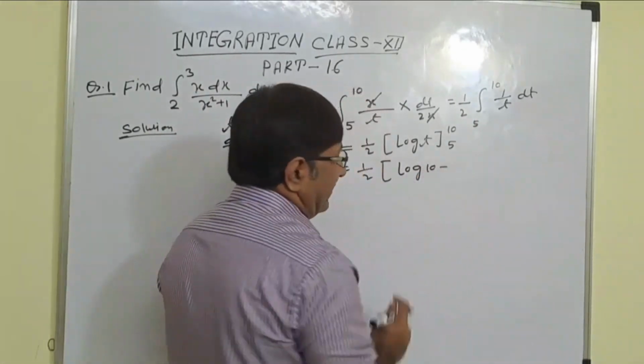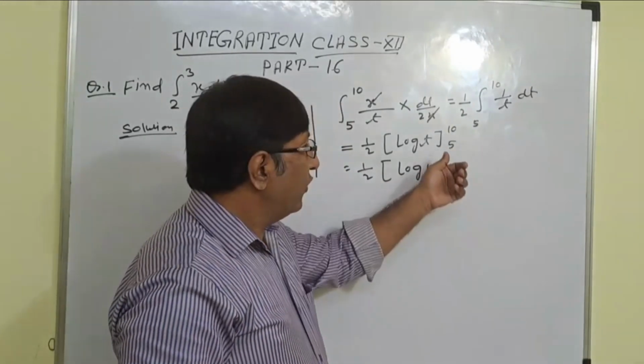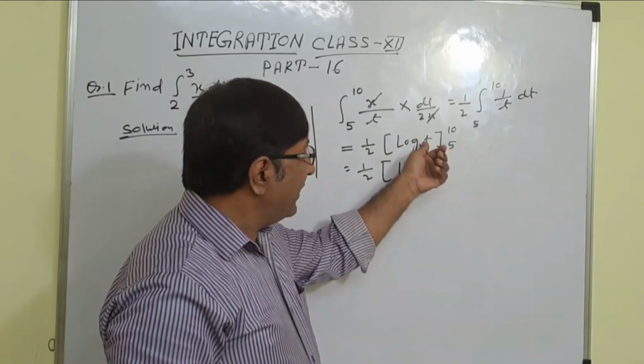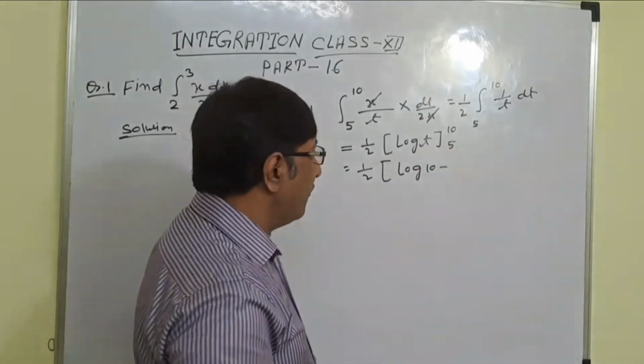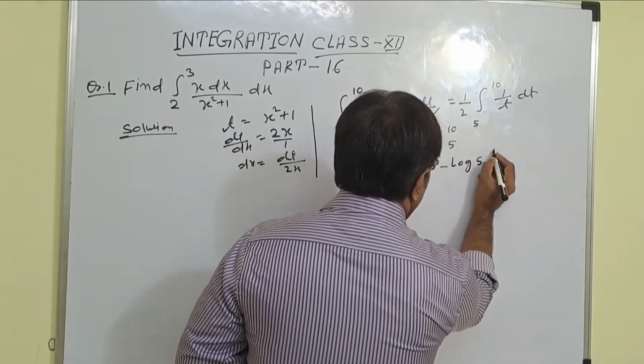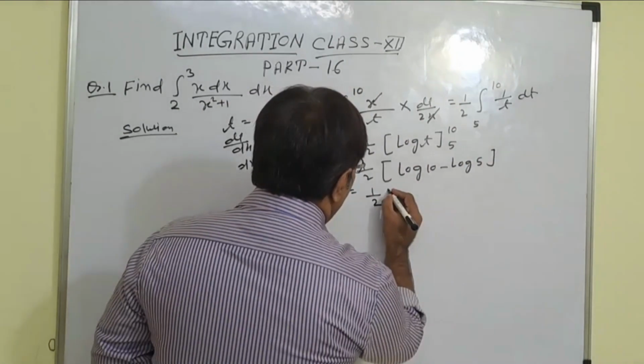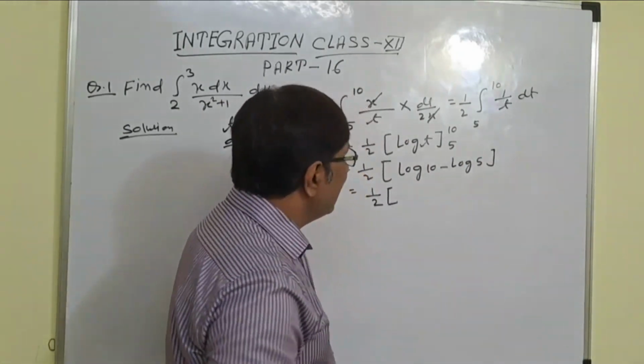Log 10 minus. Now again put the value of the lower limit. The lower limit is 5, so in place of t put 5. So this is log 5, so this is minus log 5. Okay. Now you see this is half, here log 10 minus log 5.